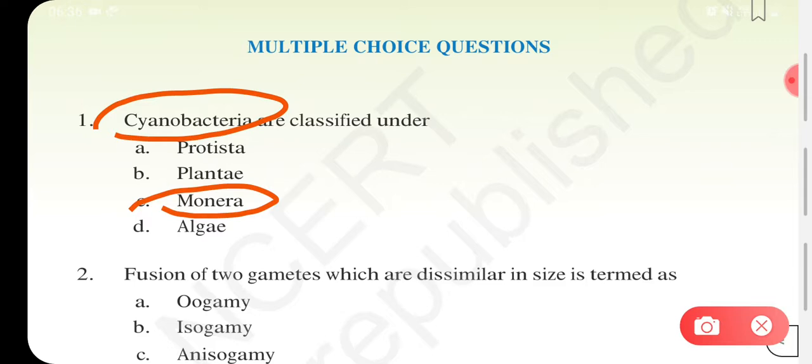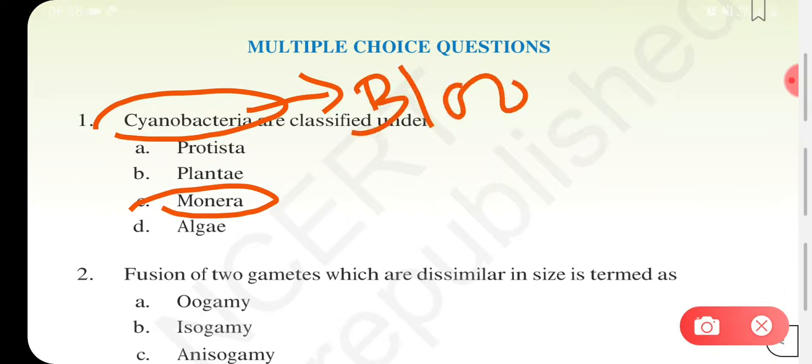What else you should know about cyanobacteria is that they are also called blue-green algae. They have chlorophyll A pigment present in them. They are photosynthetic autotrophs, and these cyanobacteria form blooms in polluted water.